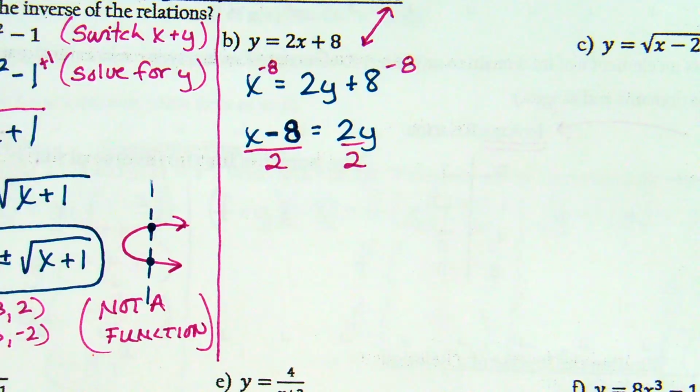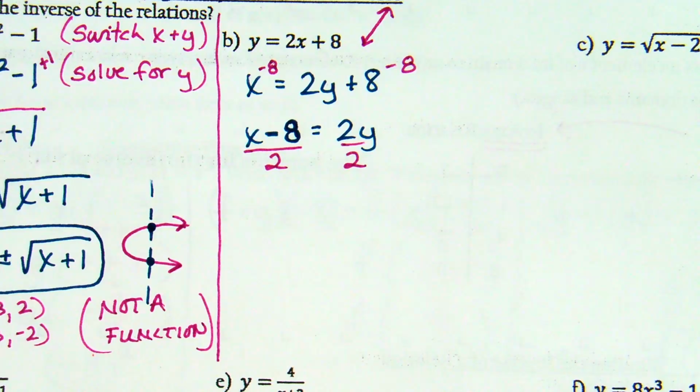X minus 8 divided by 2. One option is to leave it as x minus 8 over 2. Another option is, if I take that 2 and I divide it into both pieces, it's x divided by 2 minus 8 divided by 2, which is 4.